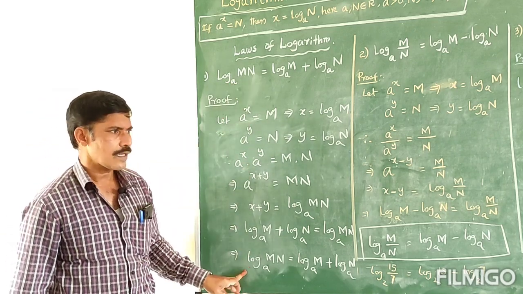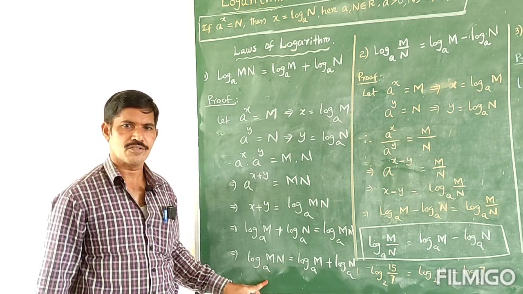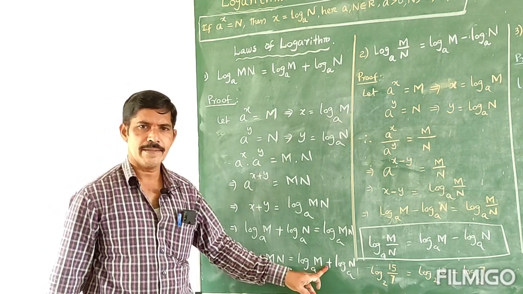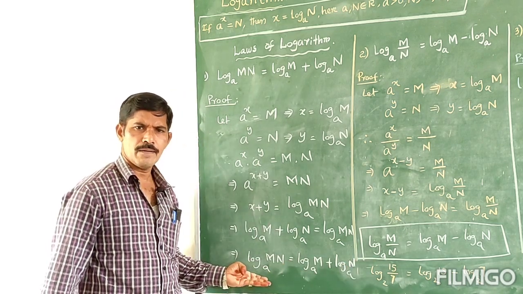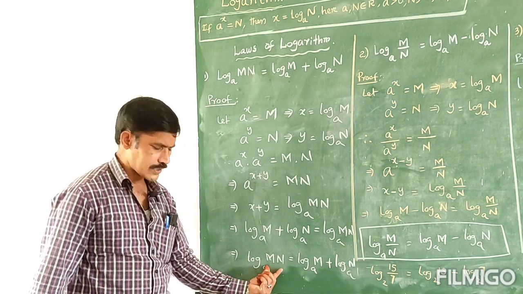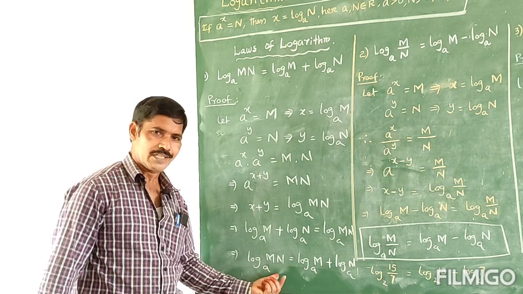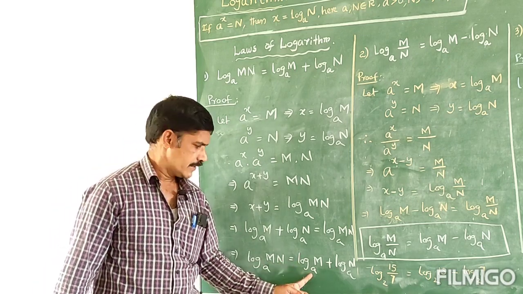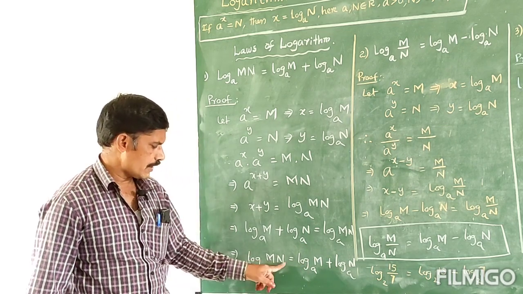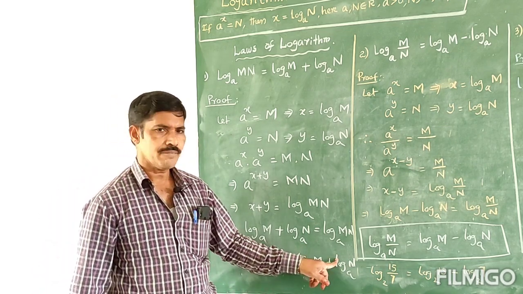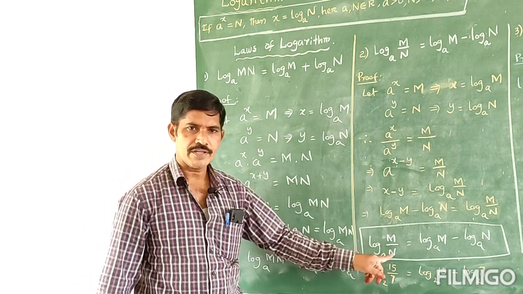What do you understand from this law? It is a product. Logarithm of a product is equal to the sum of the logarithms of its factors.